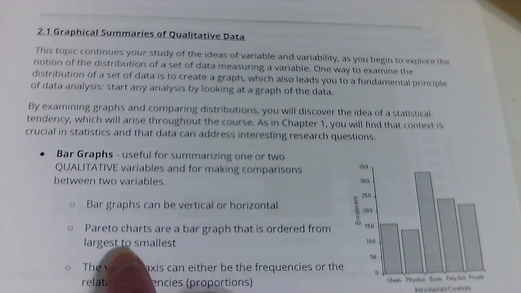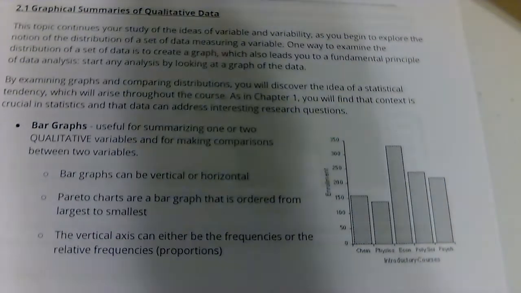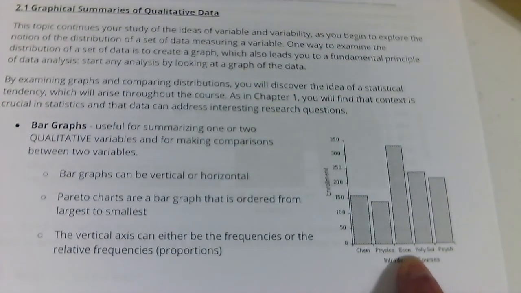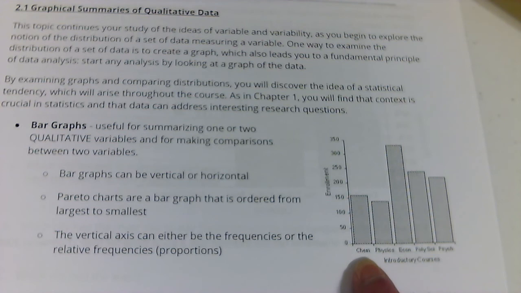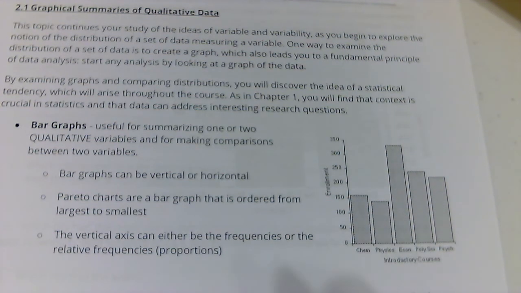You might hear of Pareto Charts. That's just a bar graph that's ordered from largest to smallest. So instead of having a graph like this one, with courses chemistry, physics, economics, they would have put maybe the economics first because it's the largest bar, and then descending order. That's all that means.